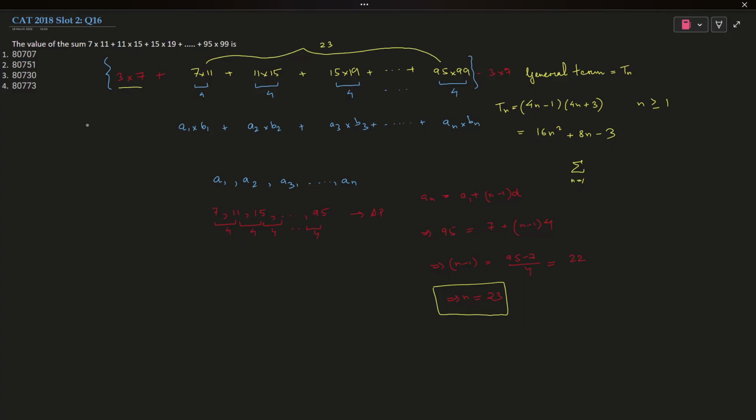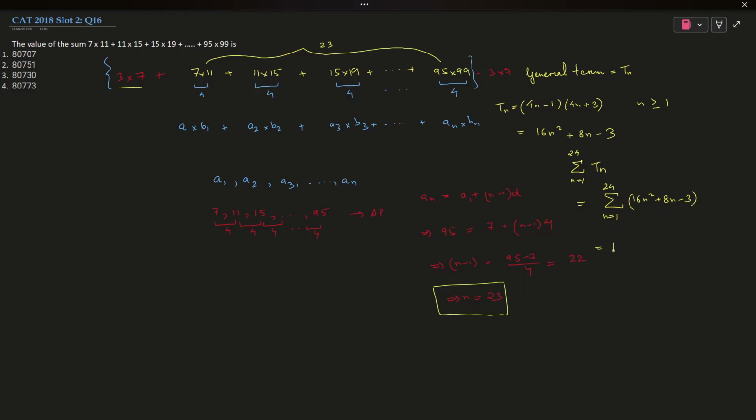I have added one more term, so it will be from n equal to 1 till n equal to 24 of tn. What is tn, guys? 16n square plus 8n minus 3, right?